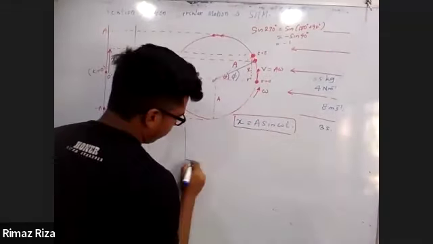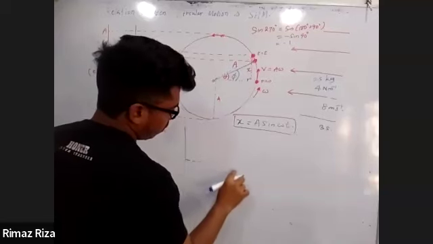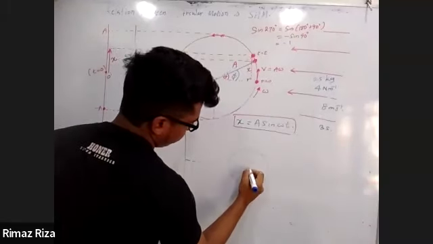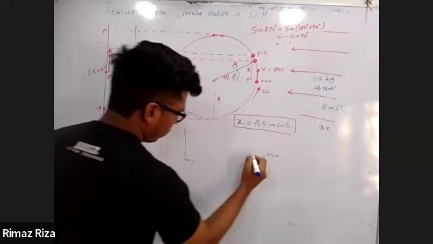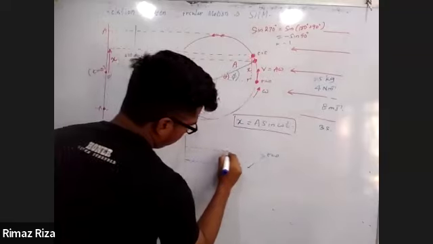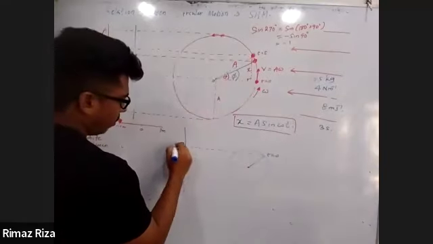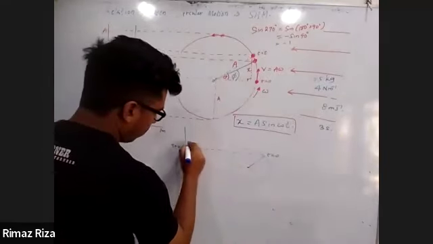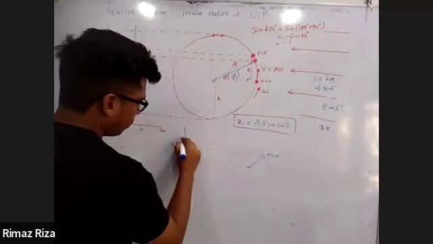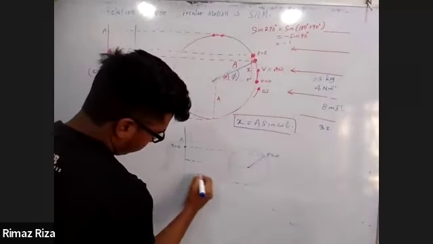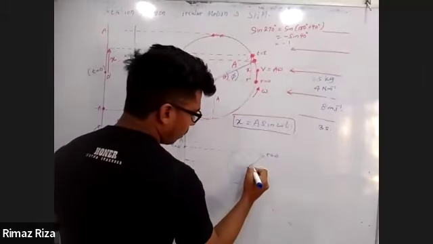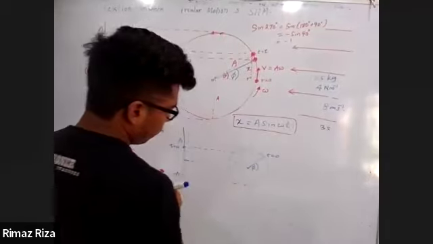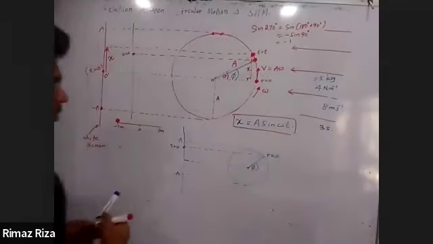So here you have, now it's starting, t equals 0 here. So the part here is t equals 0, and this is the amplitude a, minus a, and this angle phi.